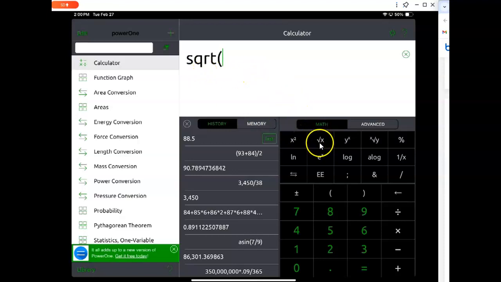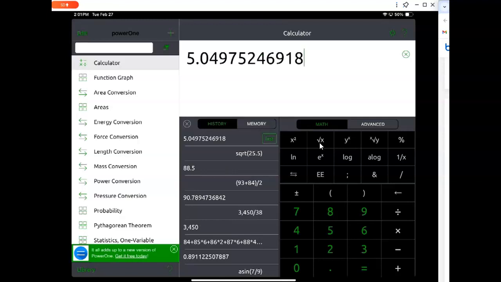A lot of times your calculators will do that symbol. Most calculators nowadays tend to do the parentheses, but not all. So if you're putting in more than one thing, definitely write down the parentheses. And then it's 25.5. And then usually, once we get an answer, we round it off to a couple decimal places. In this problem, I'm going to round off to 2 decimal places, giving me an answer of 5.05.